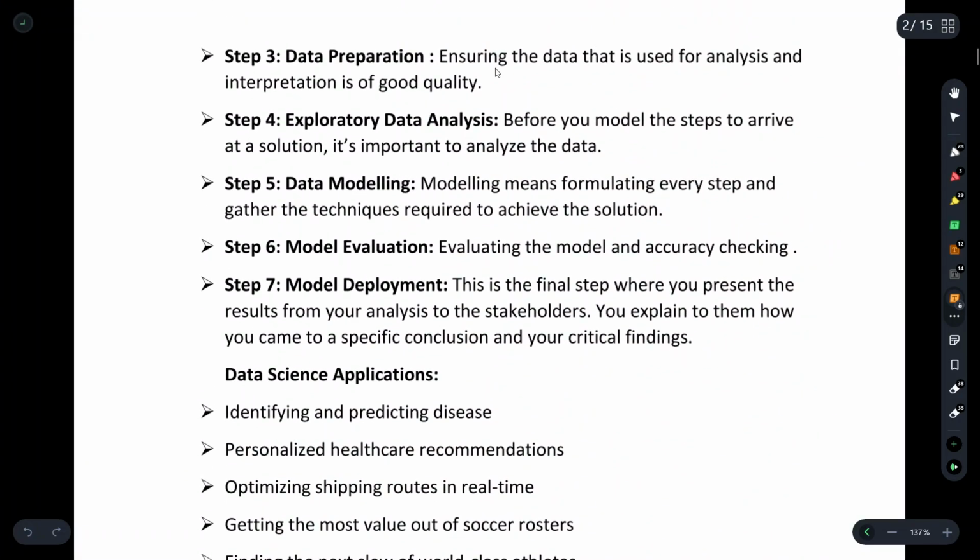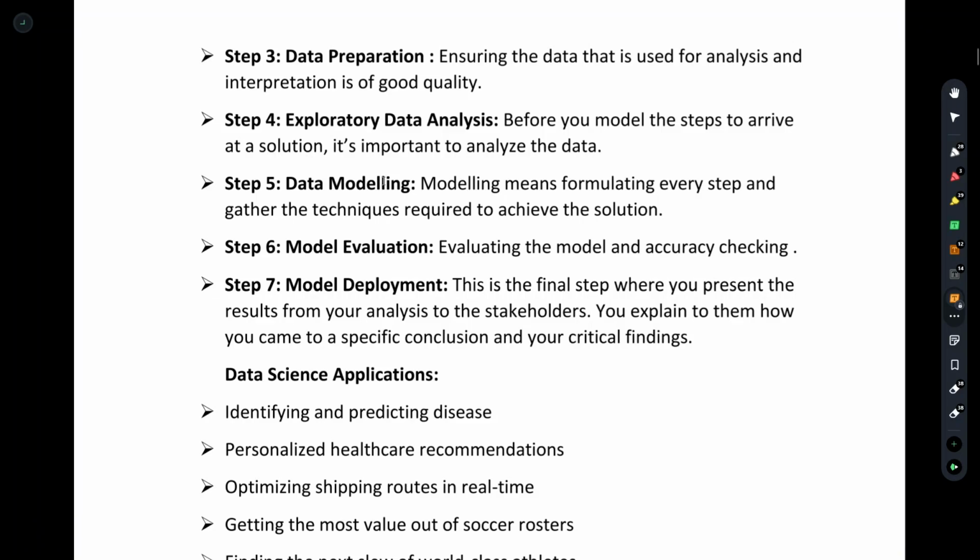Then data preparation, ensure that the data used for the analysis is of good quality. Exploratory data analysis, before you model the steps to arrive at a solution, it's important to analyze the data. After the data preparation, there may be some scratch data which we don't have any work for, so we need to explore that particular scratch data.